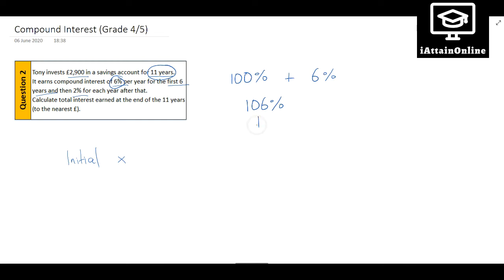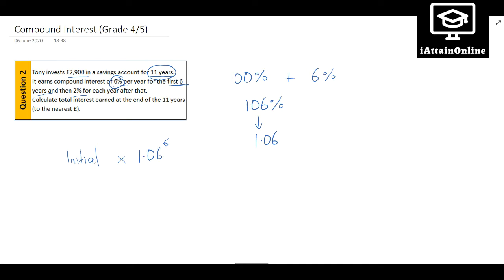So this, as a multiplier, becomes 1.06. So I could multiply it by 1.06, and then times that by 1.06, times that by 1.06, and do that 6 times. Or I could put the 6 there, because that's the number of years that we get that 6% interest.